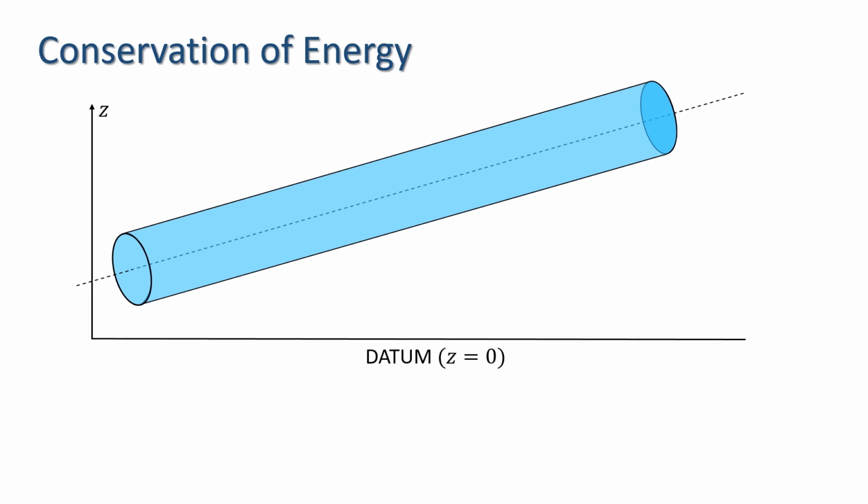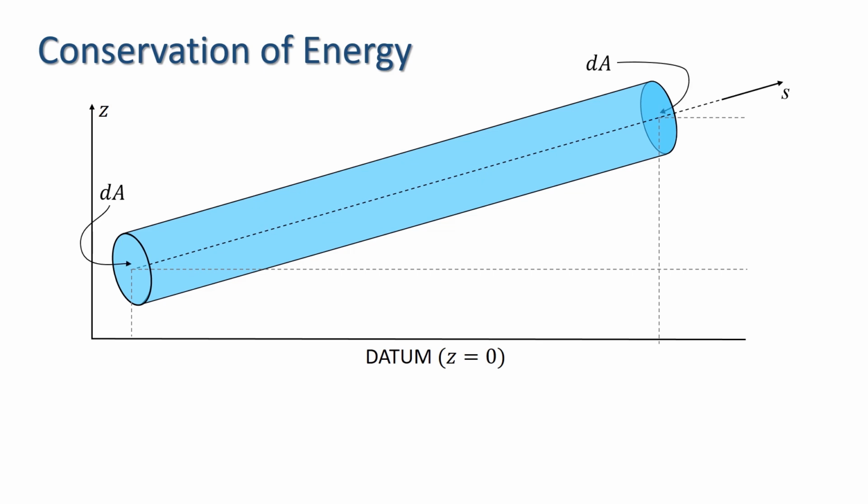We'll measure our endpoints relative to that datum. Let the direction of flow be denoted S, and let the cross-sectional area of the stream tube be dA, its length ds, and the difference in elevation between its ends be dz.